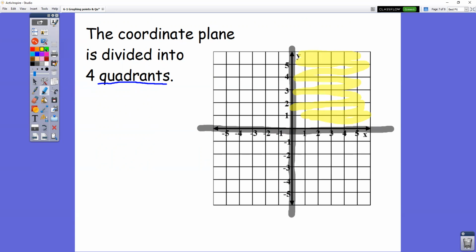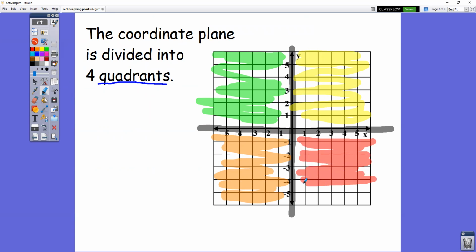We have this green area right here. We have this orange area. And we have this red area. So these are our 4 quadrants. It's sort of like 4 sections of your graph.